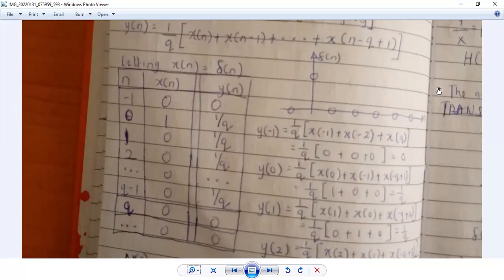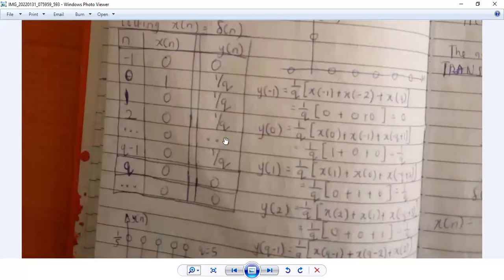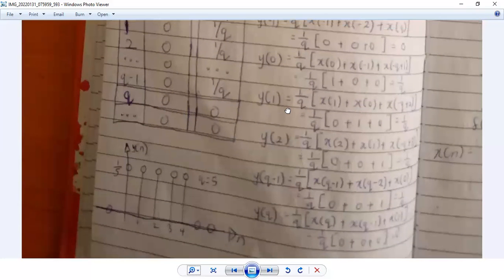You are summing from here to here, so it's 0. Given the pattern you observe, this is the time series plot of the digital filter. It has 1 over q, 1 over q, 1 over q until you get to q minus 1. After q minus 1, the amplitude becomes 0.